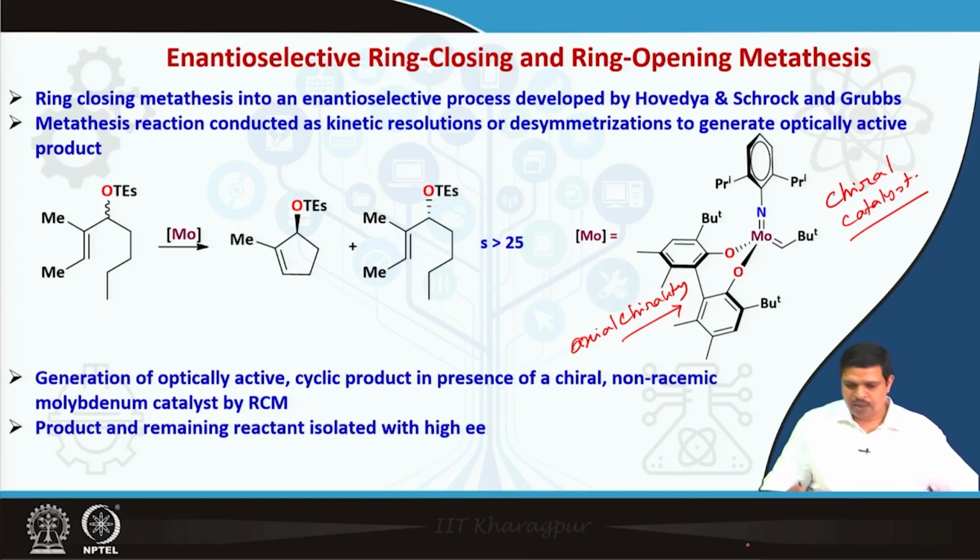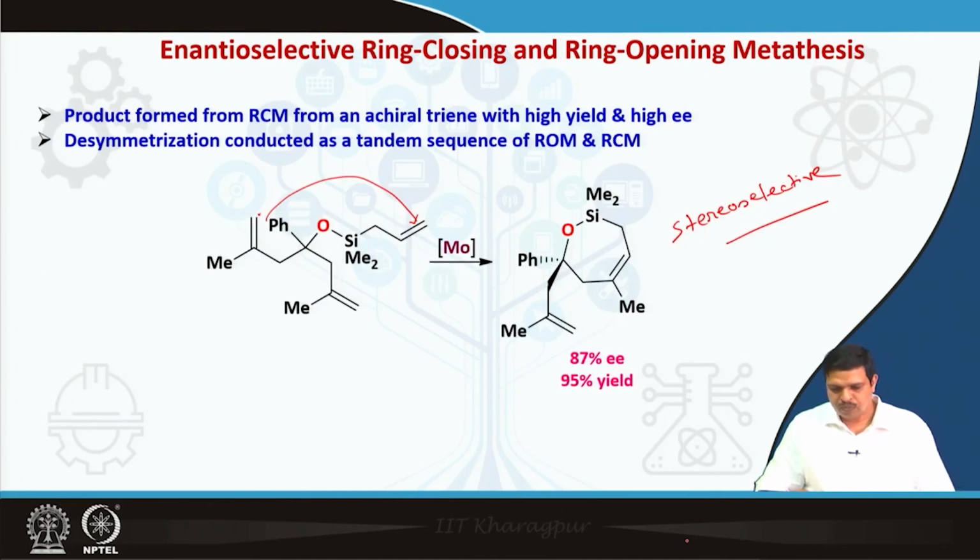So you can see how this axial chirality plays a role in making the product optically active. This is just for your knowledge, showing examples to prove how versatile these reactions are.